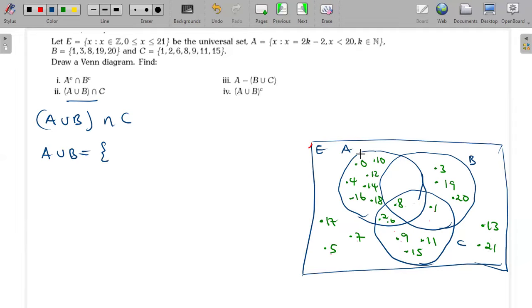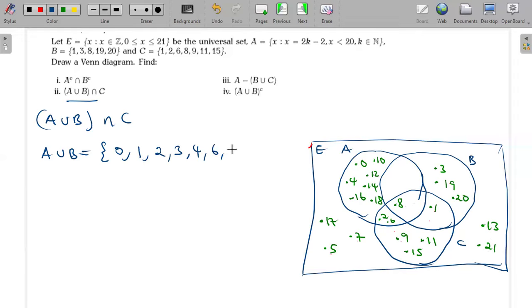So what I'm getting is the set A and the set B, and bringing all the elements together. So you see 0 is there, 1 from B, and then we have 2, 3, 4. Do we have 5 here? No. Then we have 6. 7, do we have 7?